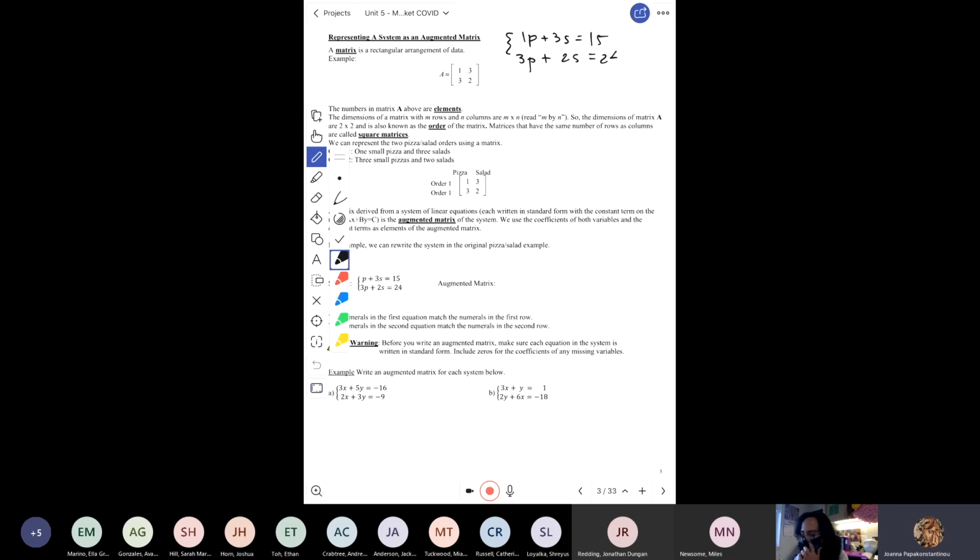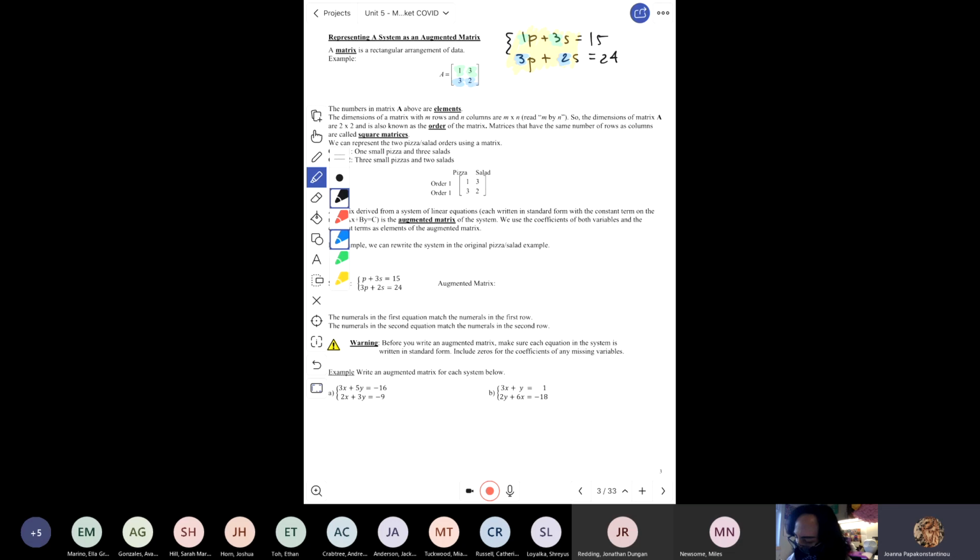So if I wanted to represent the coefficients of my left-hand side, notice how my first equation is my first row of my matrix. The coefficients in my second equation represent the elements in my second row of my matrix.